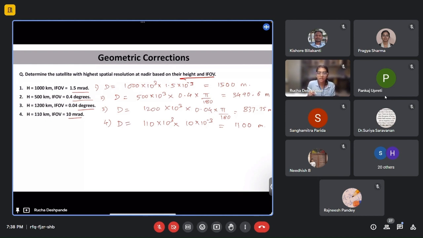Did anyone try? Are you getting similar values? You can reply in the chat box.